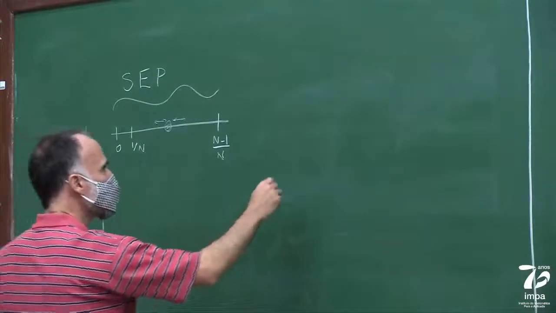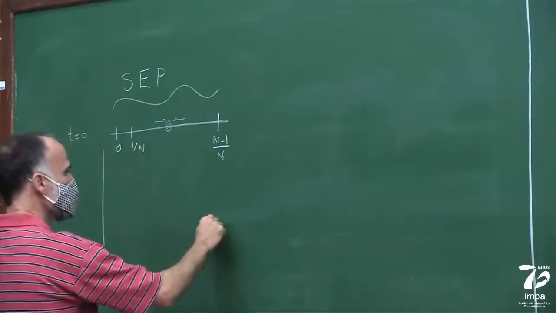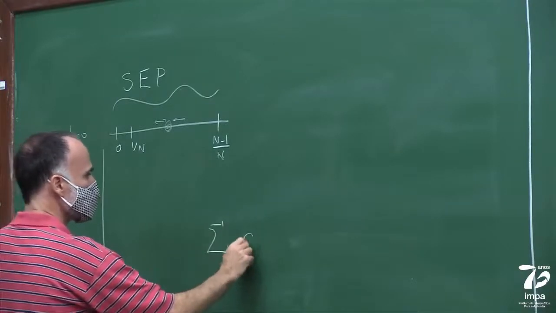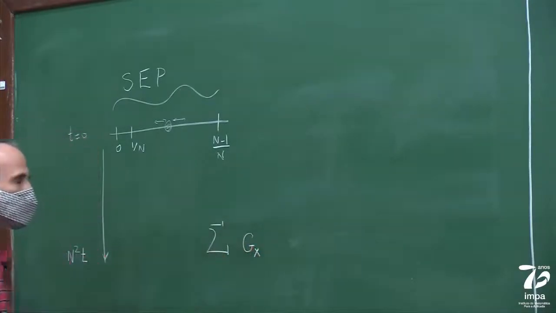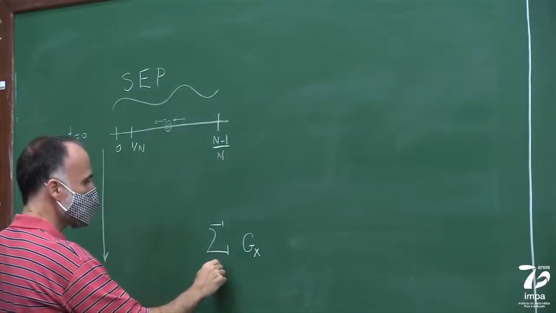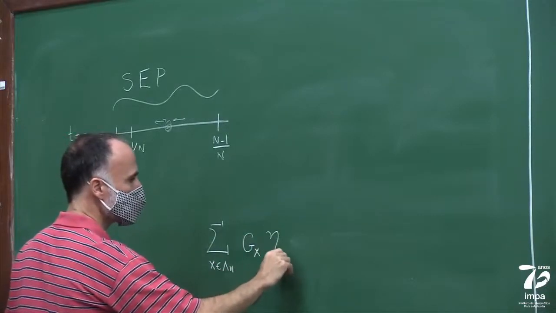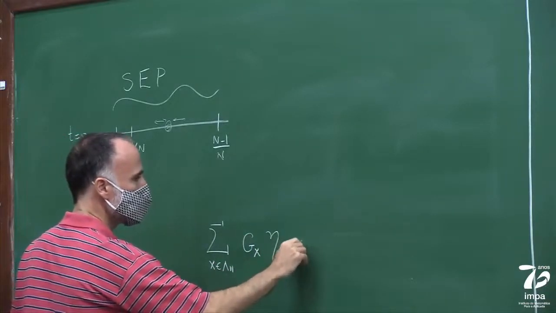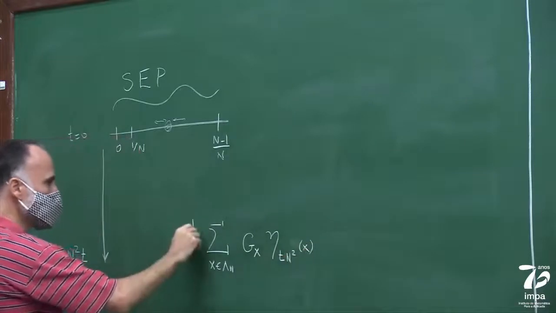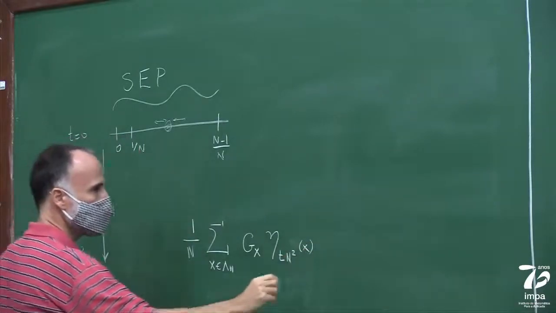So we would like to show that if I consider a function g, which is a test function, let's say a continuous function, defined on the torus, and if I observe my process at time t n squared at site x, I average that over x.